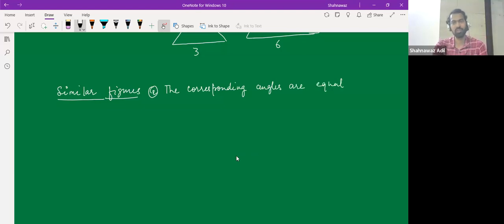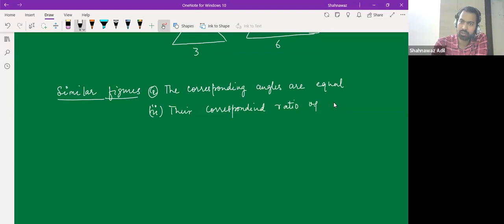Whenever we have two similar figures, the corresponding ratio of sides are also equal. So these are the two basic properties of the similar figure.